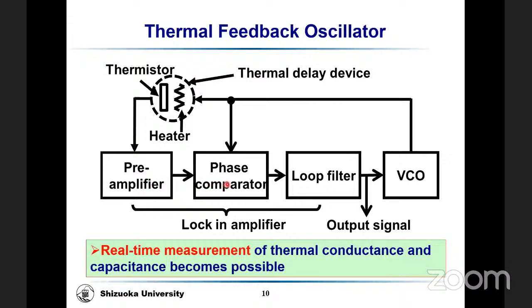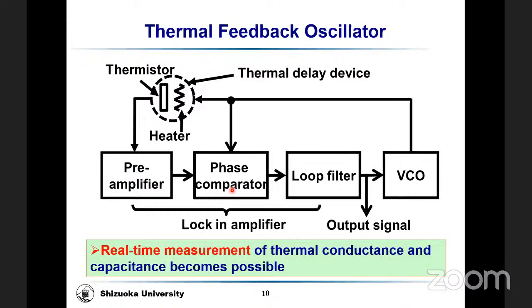So this thermal feedback oscillator oscillates at the cutoff frequency where the phase delay by the suspended wire device becomes 45 degrees. So by utilizing this kind of device, we don't have to rely on the sweep of temperature.